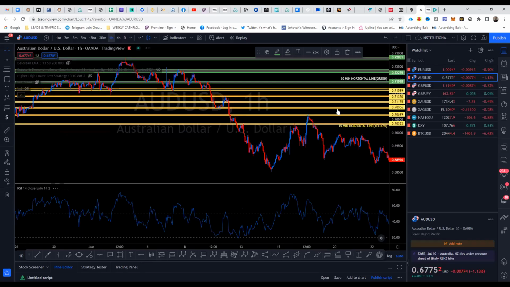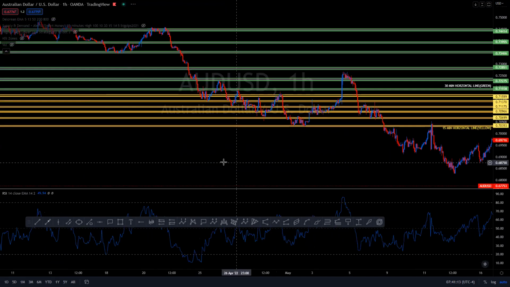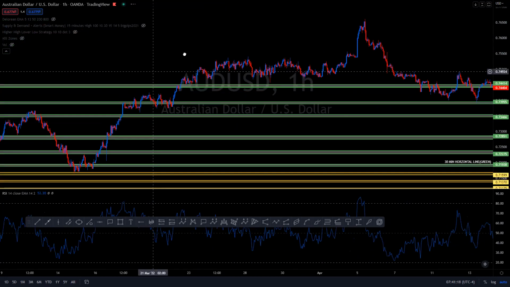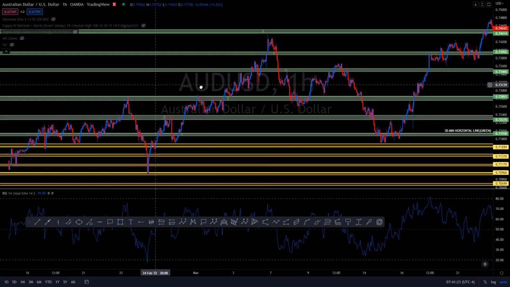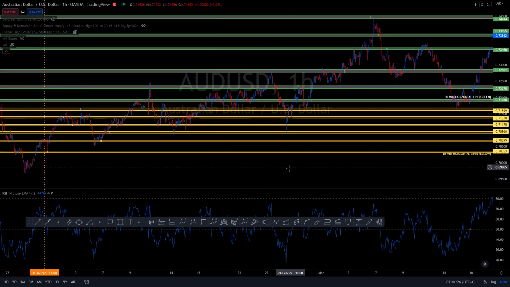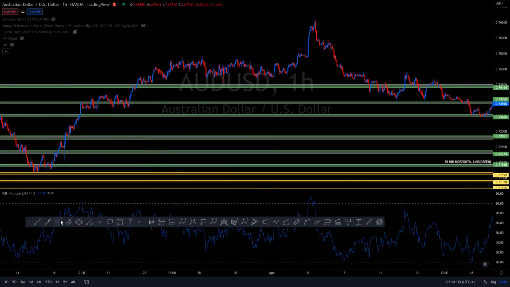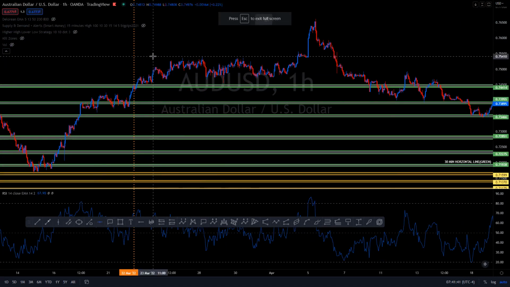Now we're going to go to the 1 hour, and we're going to go where we dropped off. That was probably right here. Yeah, because that's where the last vertical line was. So we're going to go right up here, and we're going to mark up these areas as well.